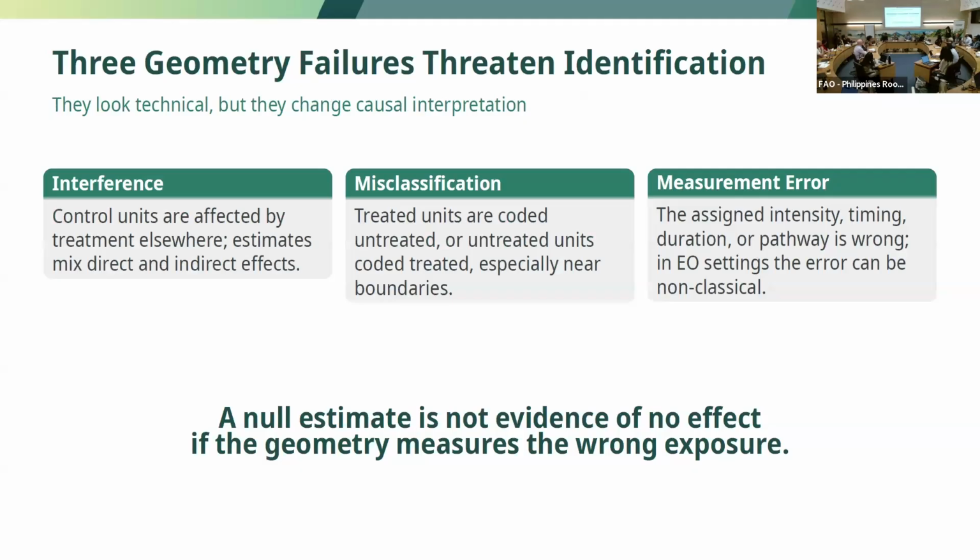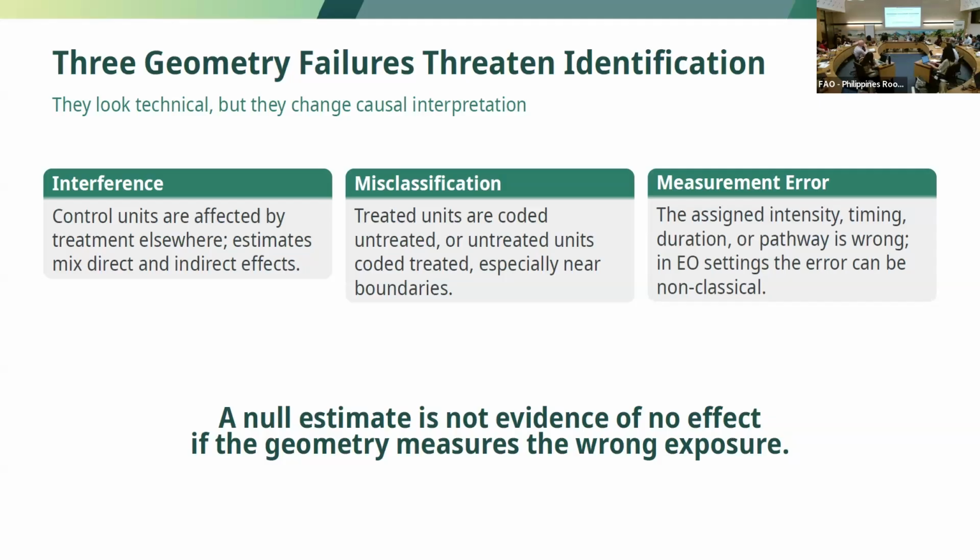And this is where I was trying to jump to: when you think about threats to identification, you think about interference. What are the spatial spillovers? Are you going to measure the direct effects or the total effects? There's also the issue of misclassification. These geospatial data are estimates, they're interpolated, and it's very easy to think that you have a precise line for the boundary of a flood.